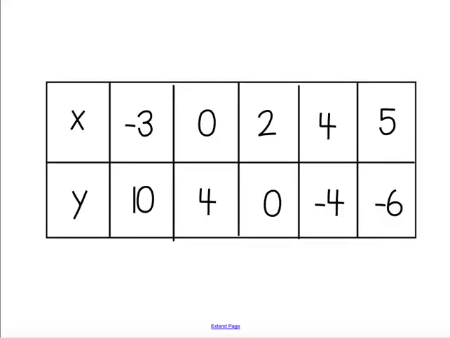And a different orientation of the table, x on top, y on bottom. So I'm going to go from negative 3 to 0, and notice that these are not in line. Doesn't matter. And from 10 to 4. So from negative 3 to 0, we're going up 3. We're adding 3. And going from 10 to 4, we're going down 6.